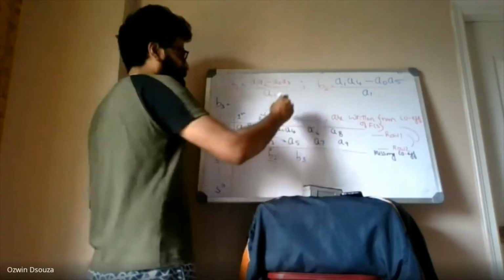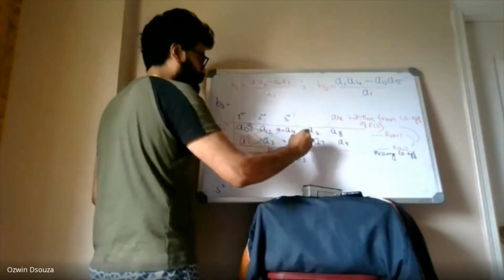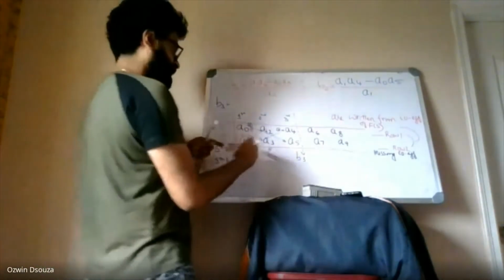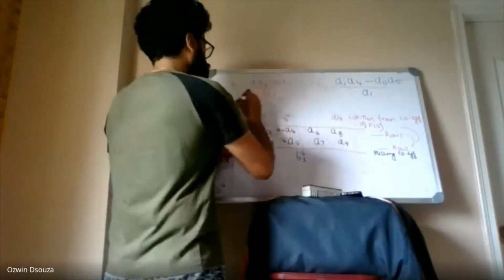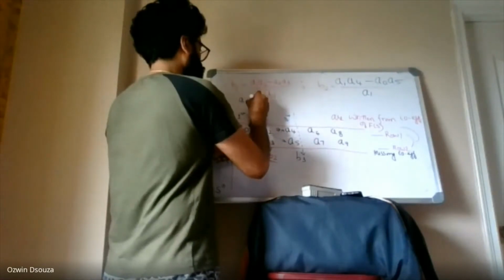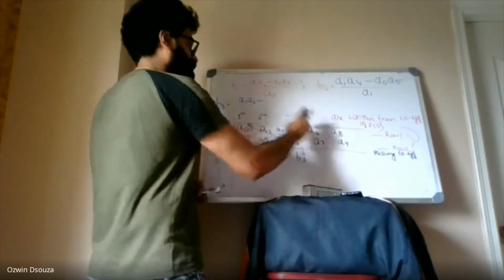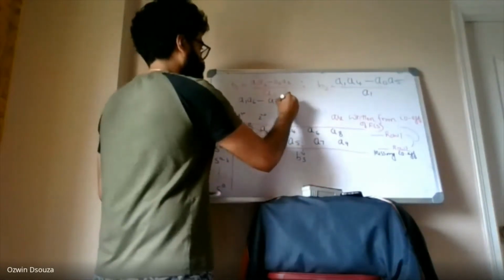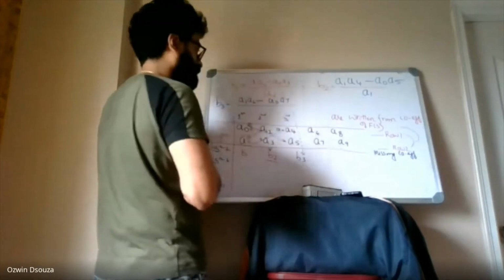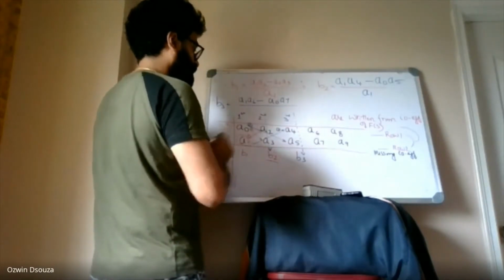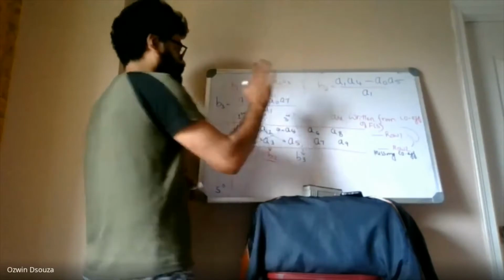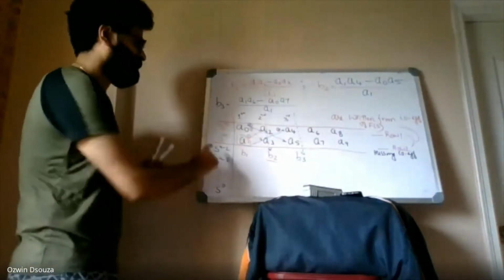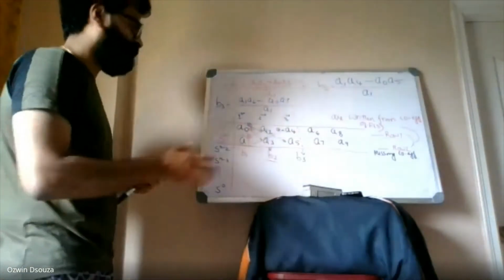To find B3, you leave off the elements which are found in the third column, and then start multiplying A1 with A6, A1 with A6 minus A0 A7, divided by A1. That's how the elements of the s to the power n minus 2 row are calculated.